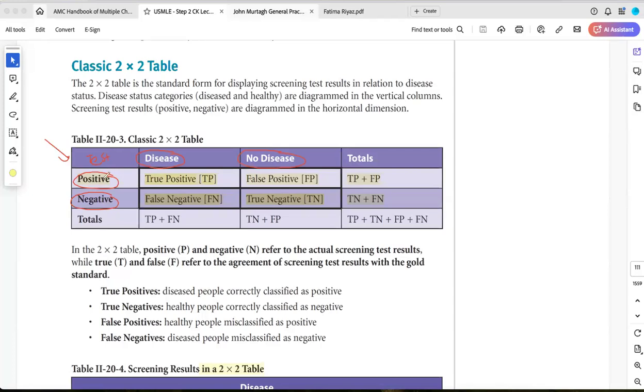So let's say a test came back positive for a disease and patient is actually diseased. Okay, so when the test says that yes, this is positive and the patient is actually a diseased patient, that test is truly positive, or true positive.